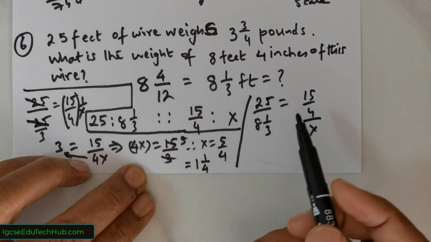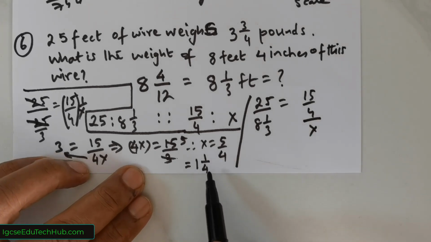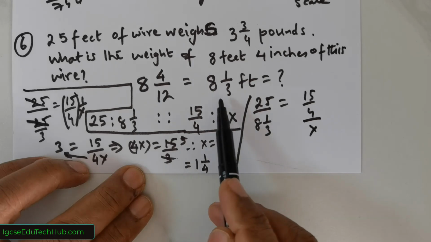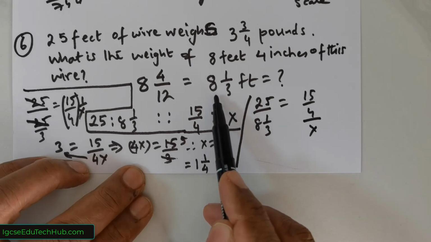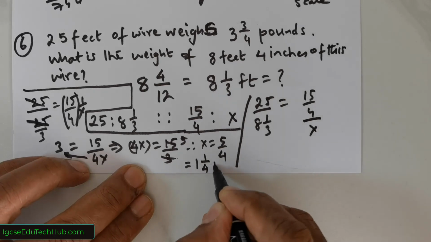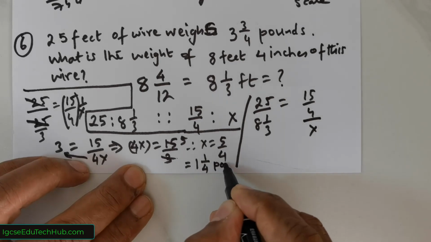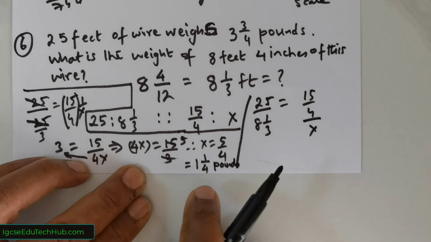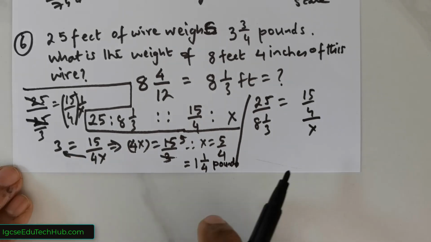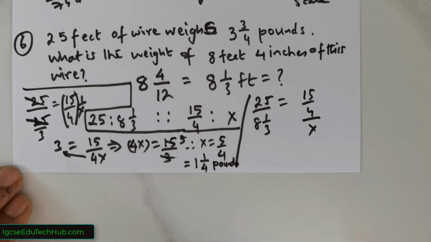And this is the weight of the wire whose length is 8 and 1 over 3 feet. So this is in pounds. Okay, so that is the end of this particular question. You can go through this question's answer and try to understand the technique that I have applied here.